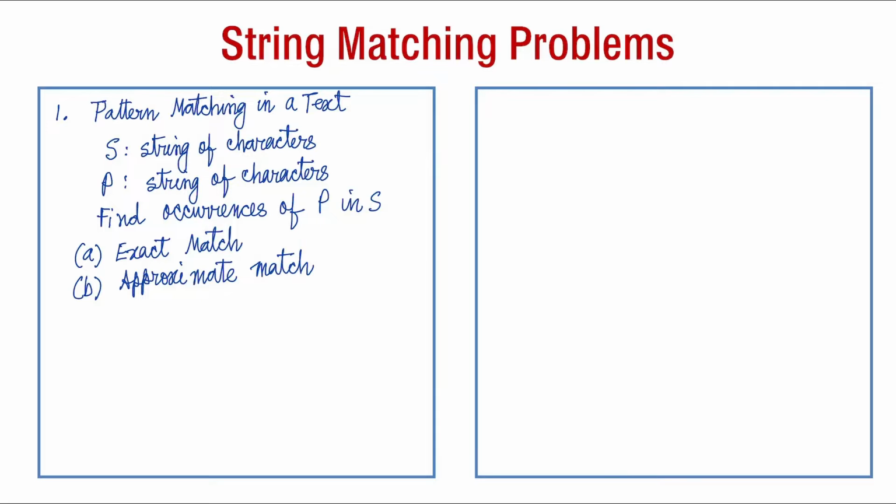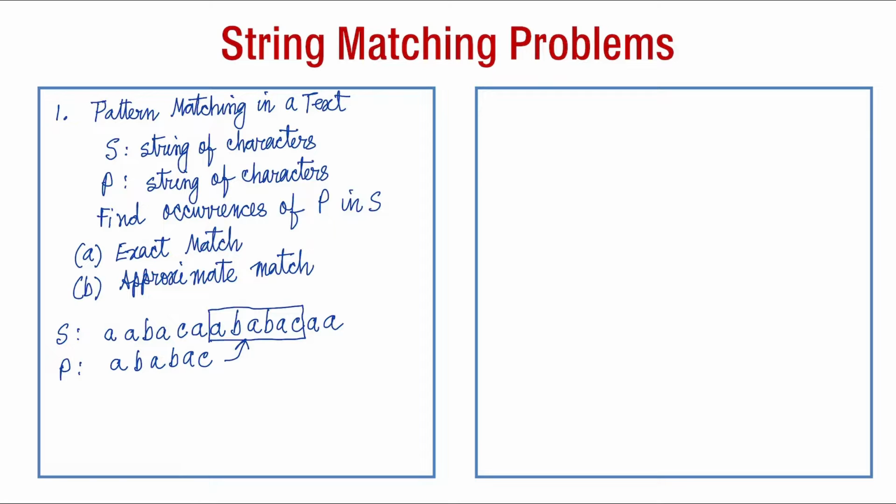For example, if you had a text which was just a sample, suppose this was my S, and suppose my pattern was P, then we can see that this is the occurrence of this pattern in this string.